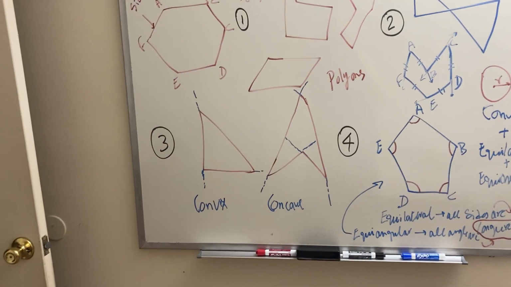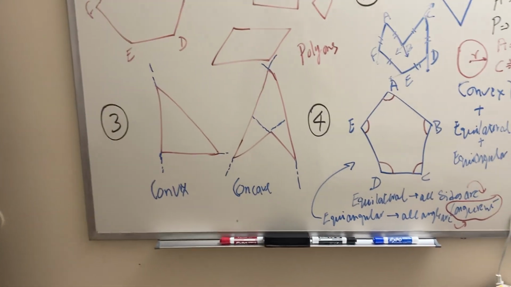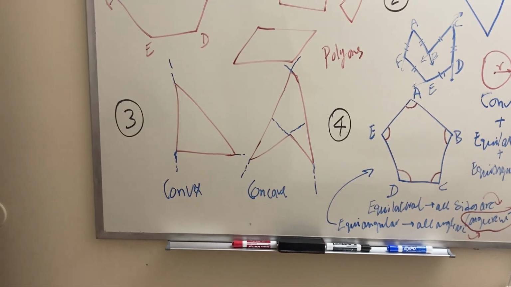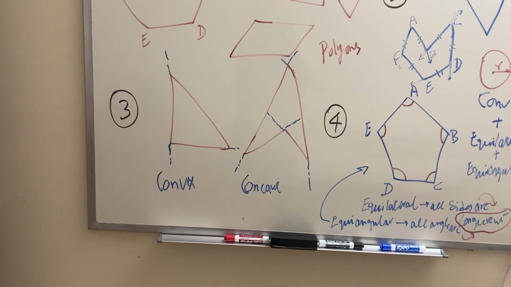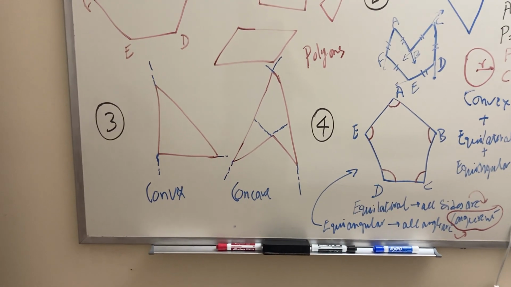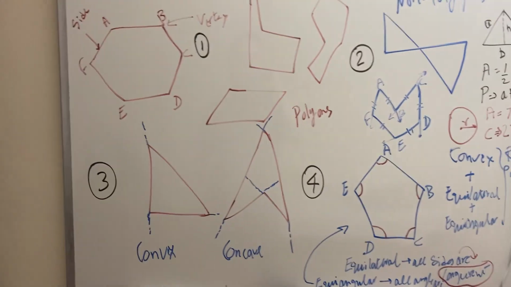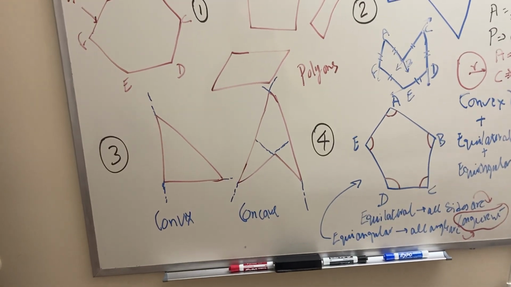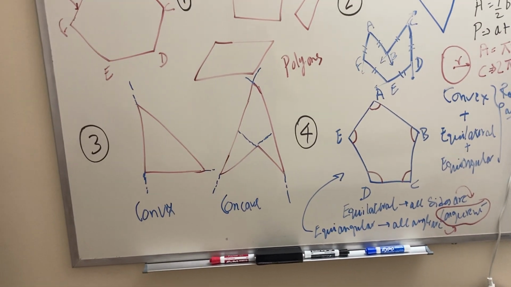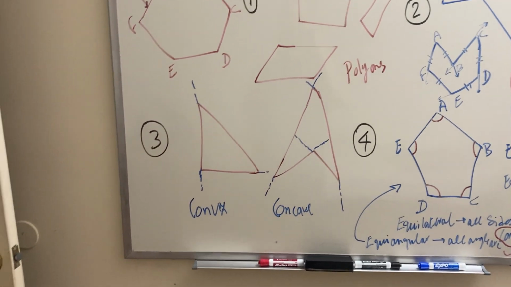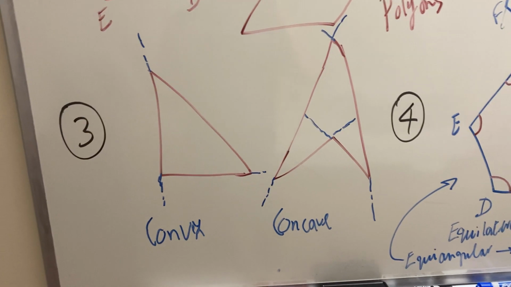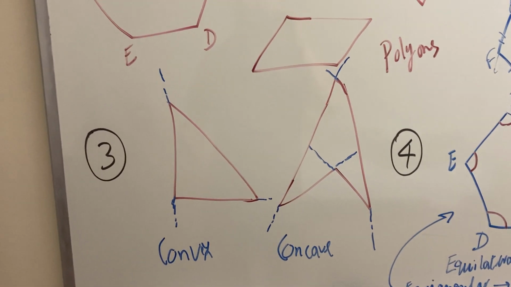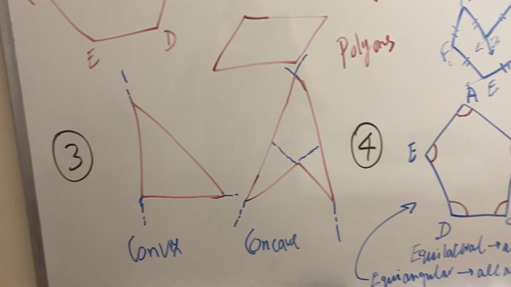Then the third concept we spoke about: from the vertex, if a side goes inside the polygon, then that becomes a concave polygon, else it is a convex polygon.